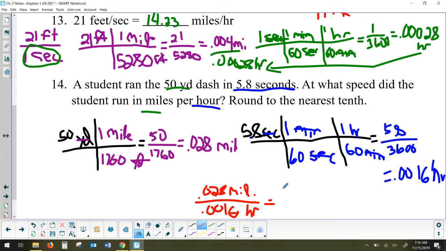So really, we are going how fast? 17.5 miles per hour.